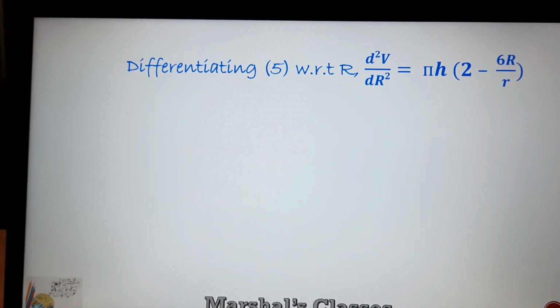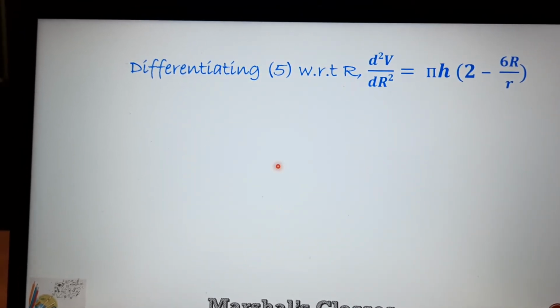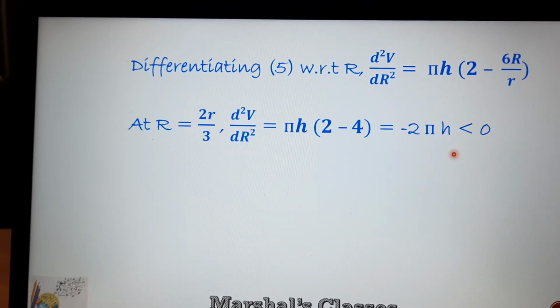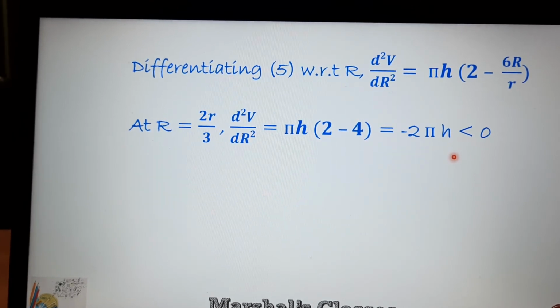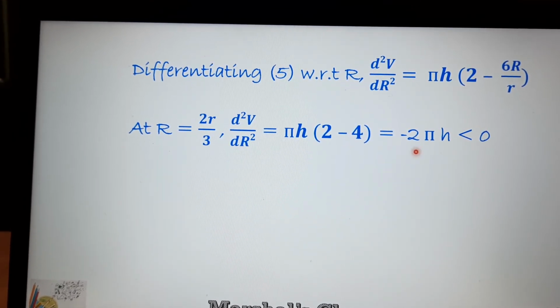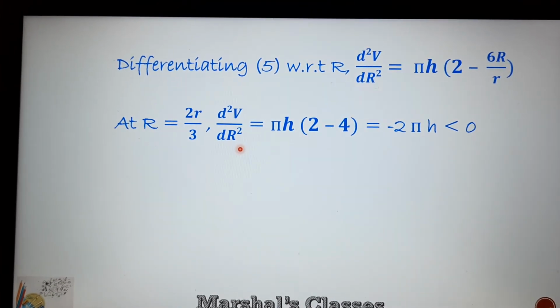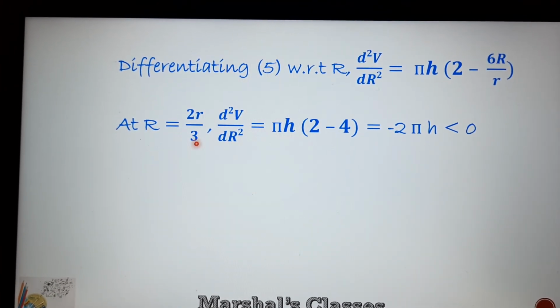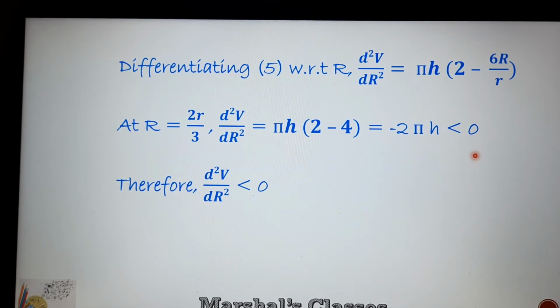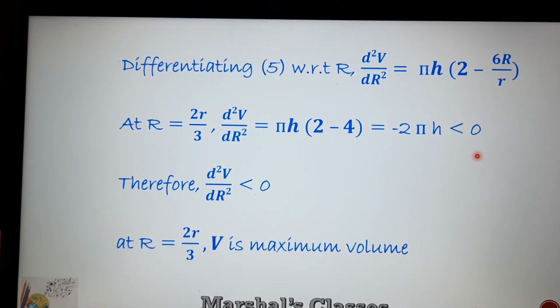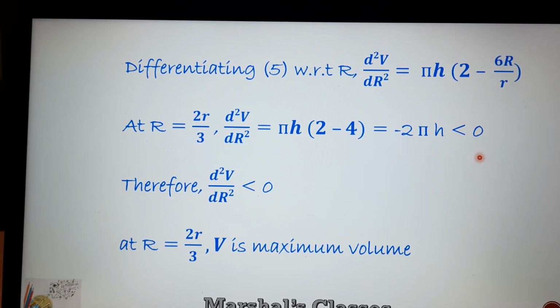So we don't know whether this is the maximum volume or the minimum volume. For that we are doing a second derivative, and we will substitute capital R is equal to 2r by 3. On substitution we get minus 2 pi h. So d square V by dR square is less than 0 at R equal to 2r by 3. When d square V by dR square is less than 0, that implies volume is maximum at R is equal to 2r by 3.